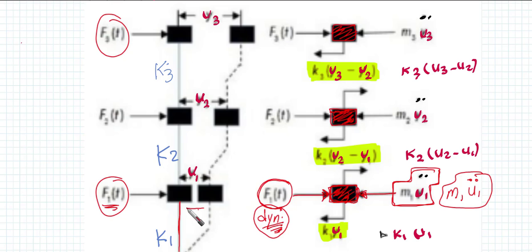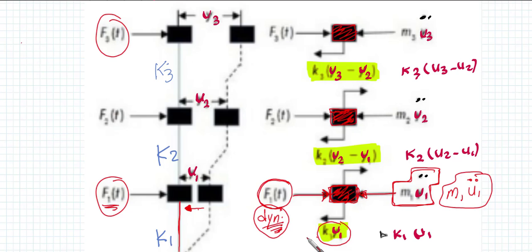It is as if it pushes the mass back to the right, acting to return the mass back. So we find K1 U1 here, and it is opposite to the application of the force.